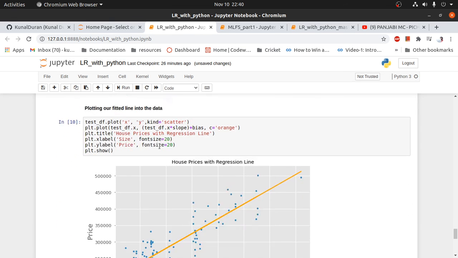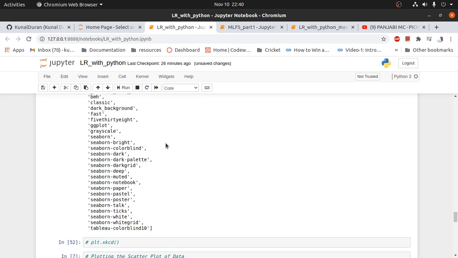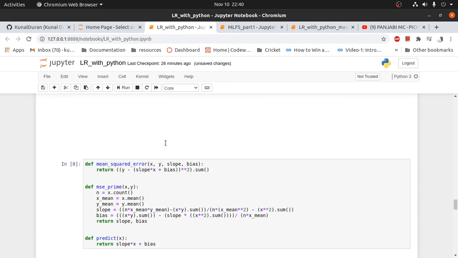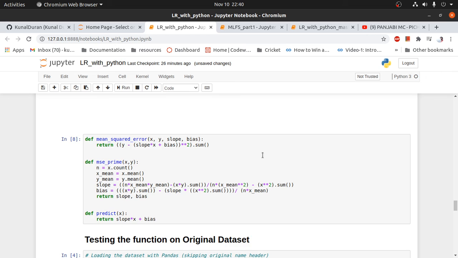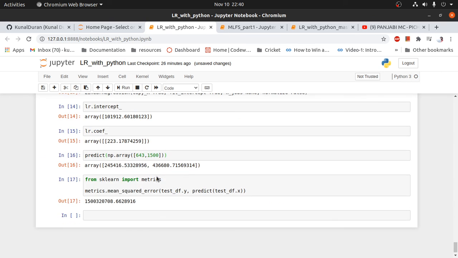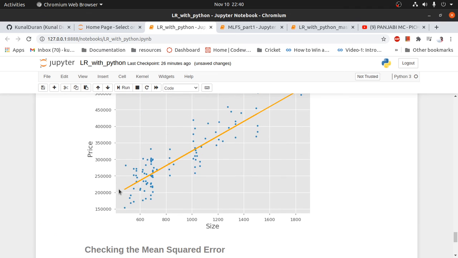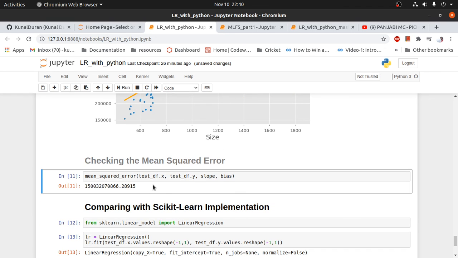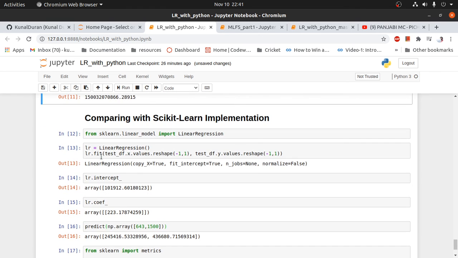I think we missed something in this function. Anyways, we can fix that later. But we can see our parameters are pretty much accurate, not pretty much, but exactly the same as the scikit-learn implementation.